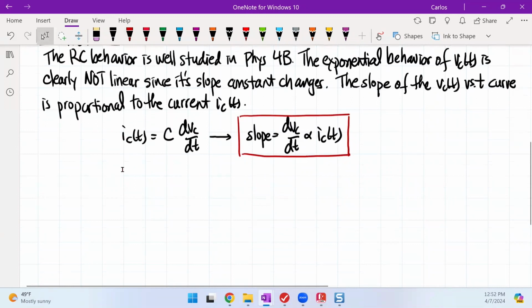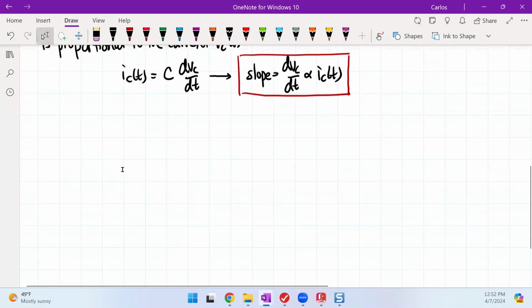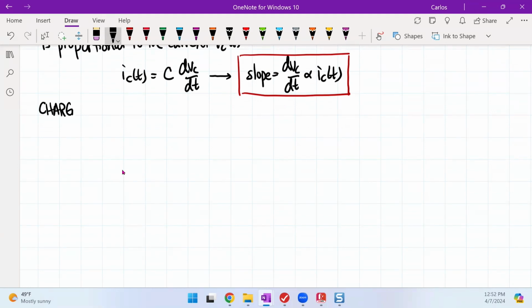So now we want to look at the curves for charging and discharging capacitors.